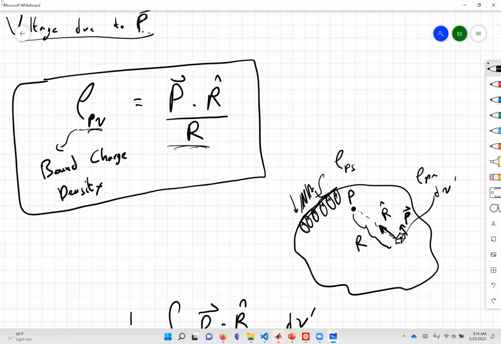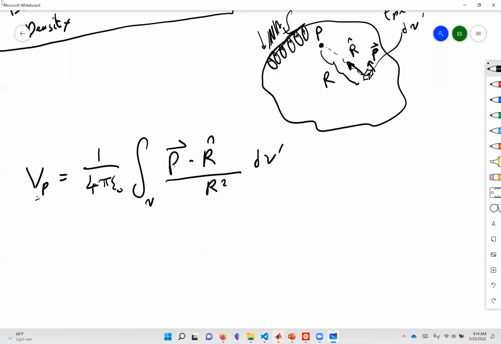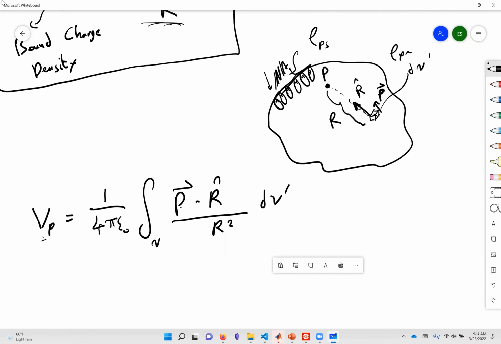So one thing we can notice, we can ask ourselves here in this problem, 1 over R squared, R hat looks like something. It looks like the gradient of 1 over R in spherical coordinates, doesn't it?